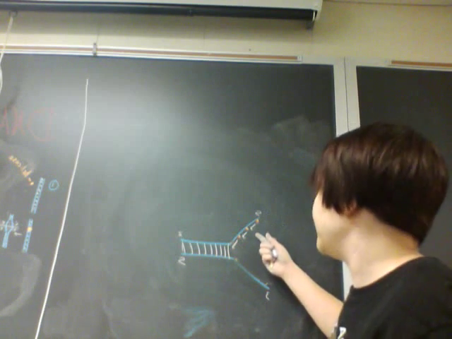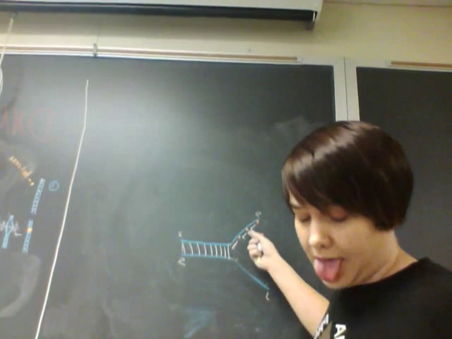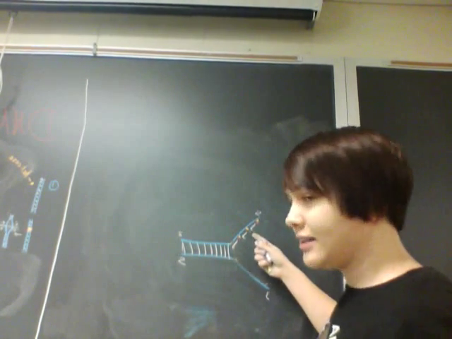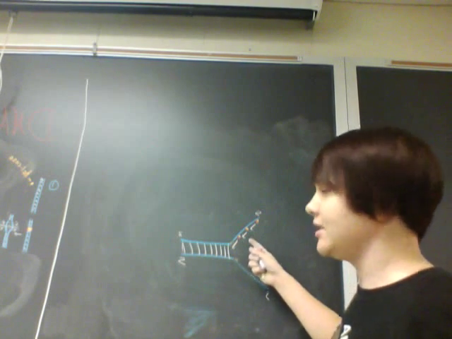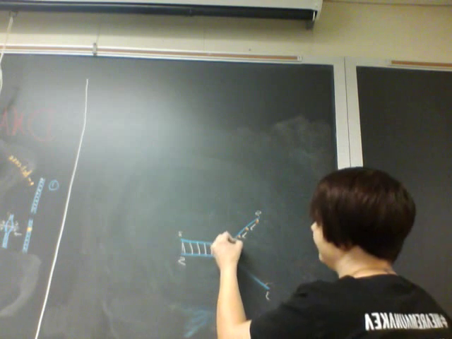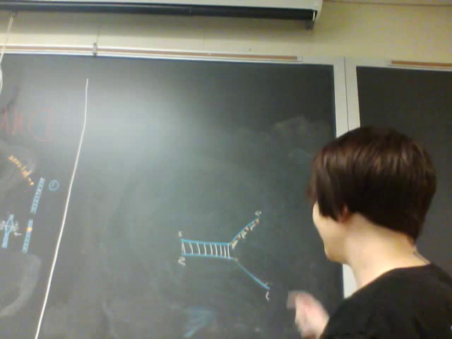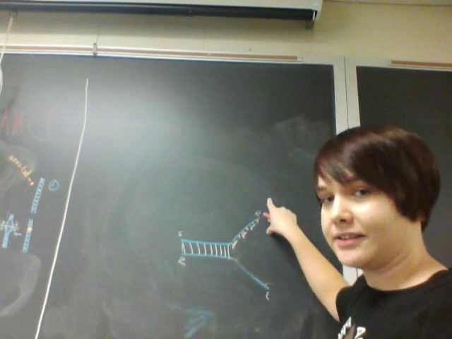But it has to stop each time, because the DNA polymerase has to attach to the RNA primase each time to add these nucleotides. But we still have them. All right? This is called your lagging strand.